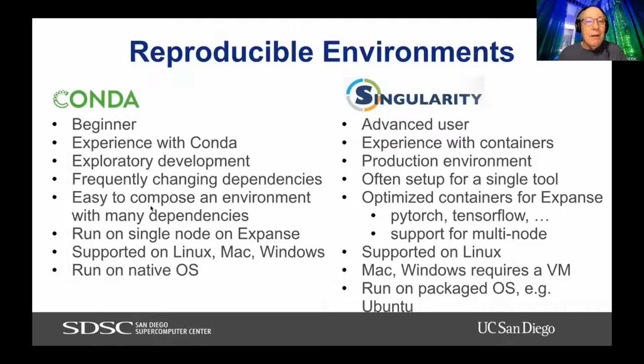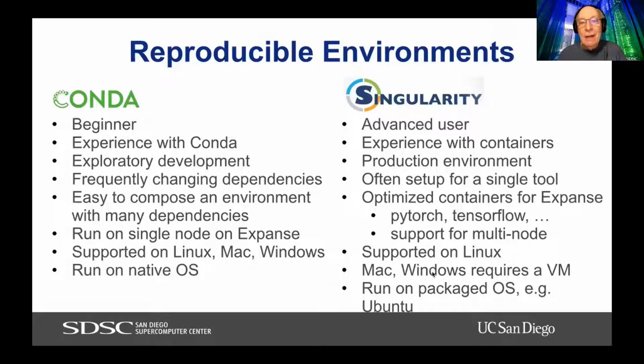Now, with Conda, generally you can only run on a single node, and that means up to 128 cores. If you want to do more, you probably want to use a Singularity container, which may be set up in a way that it can run on multiple nodes. Conda is really supported anywhere, so that's why I like it. It runs on your laptop and anywhere. Singularity only runs on Linux.